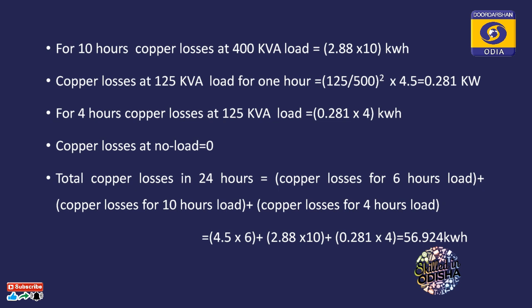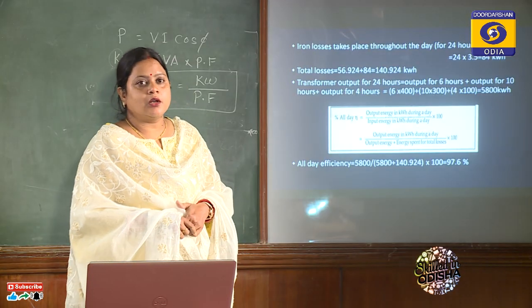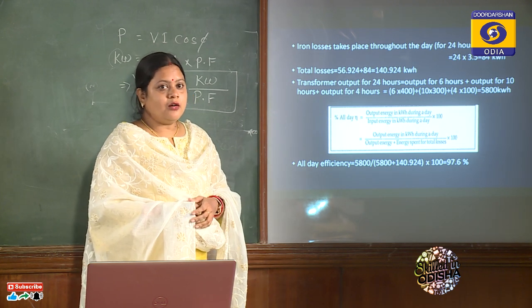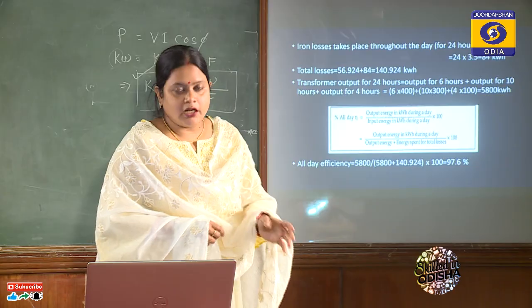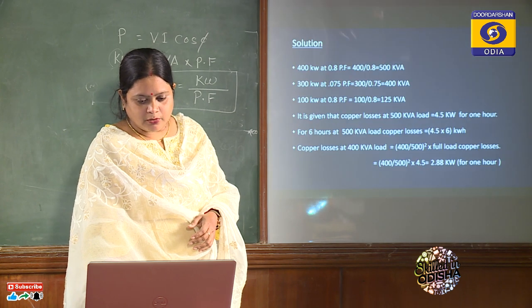That is 4.5 into 6 plus 2.88 into 10 plus 0.281 into 4, which is equal to 56.924 kilowatt hour, and this is the total copper loss for the given loads. Now to find iron loss. How to find iron loss? It is already given in the question; see the question again.